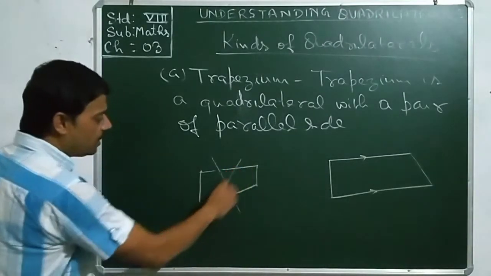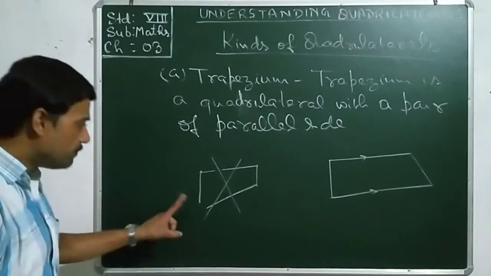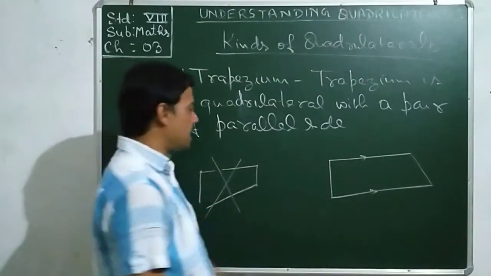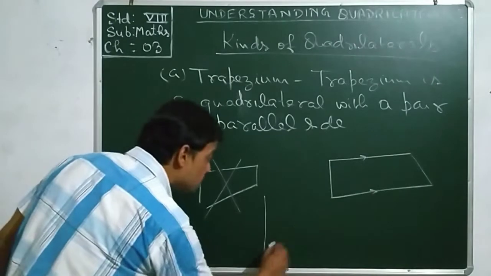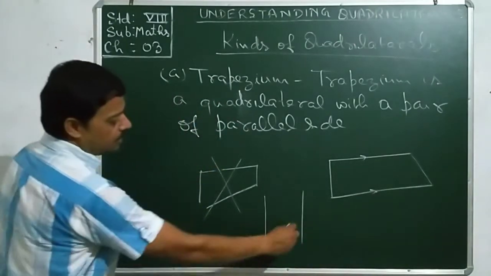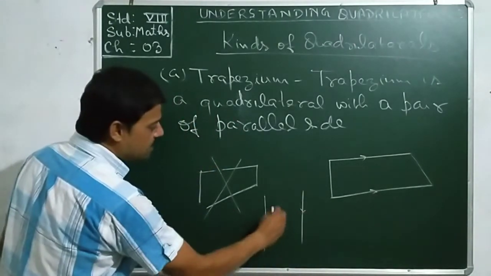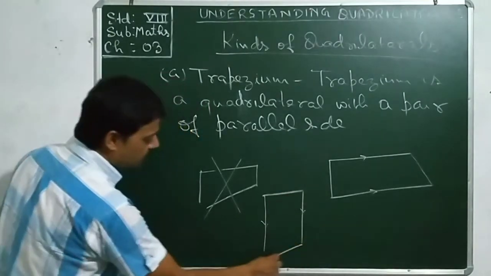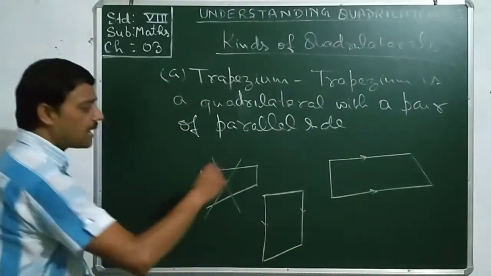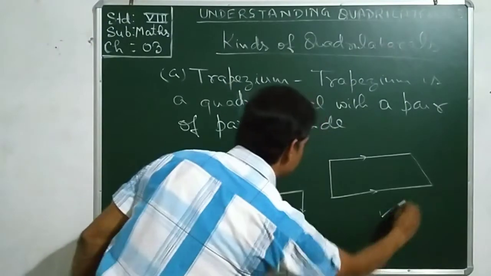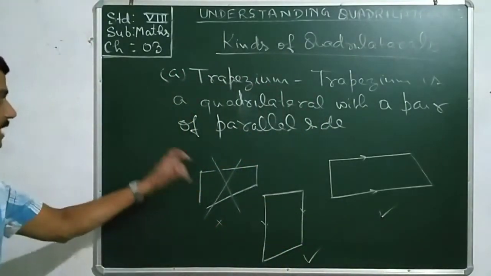There must be one parallel pair. If we consider this figure, these are two parallel sides. Now connect them, and you will get a trapezium. This is a trapezium. This was not a trapezium.